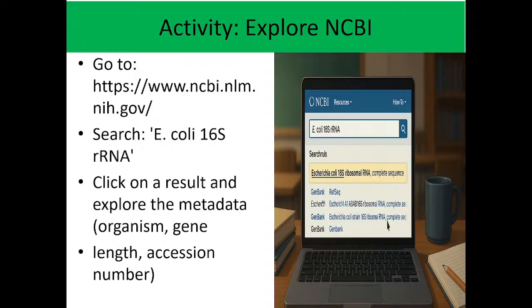Then the gene length, the length of the gene you are looking for. And the last thing should be the accession number. At least those three should be the basic things you look for in any information.